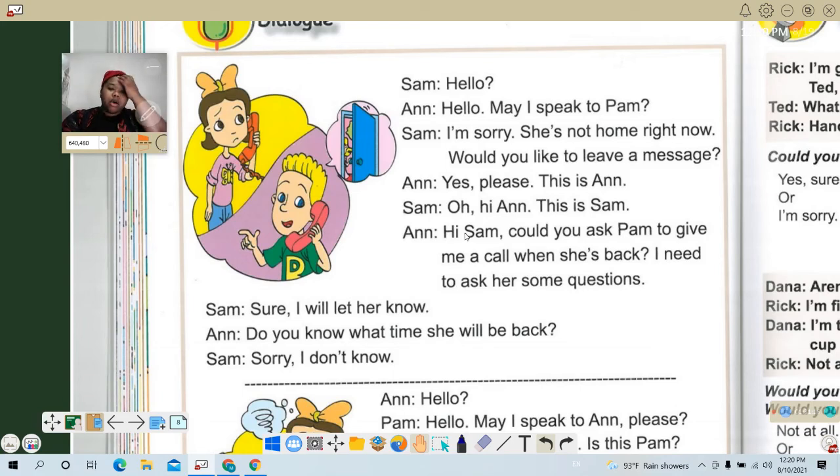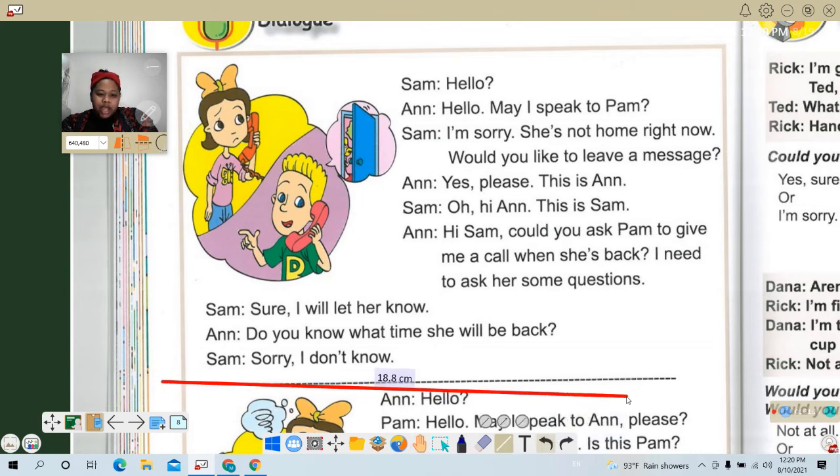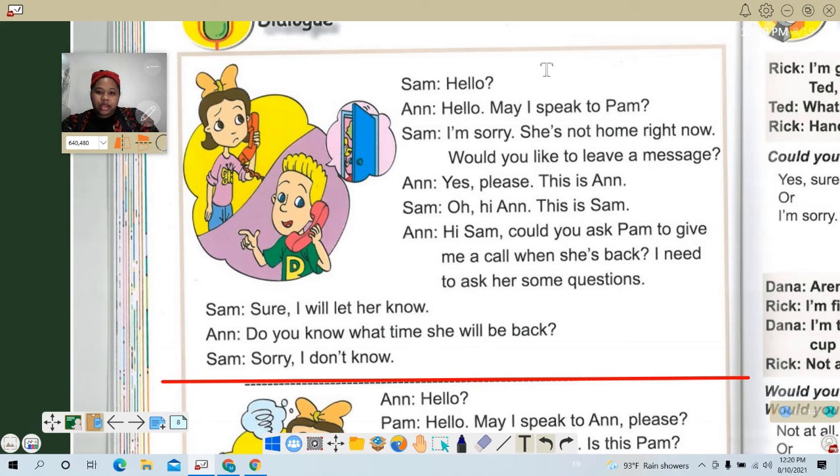Ready? So, the first dialogue. Okay, with the first dialogue, let's have who will read Sam, and we have Anne. Okay, let's have Ryan and Ethan.